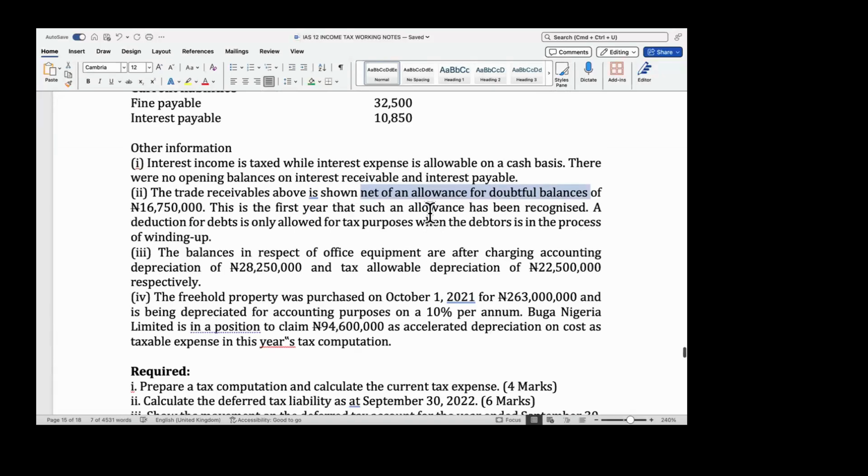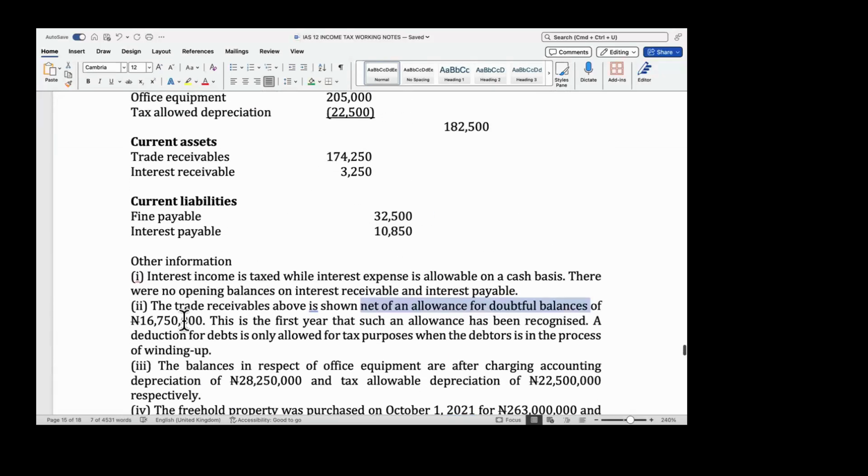That means they have already removed this 16,750. Because of that, we would clearly have to add it back, since the tax authority is going to disallow it.